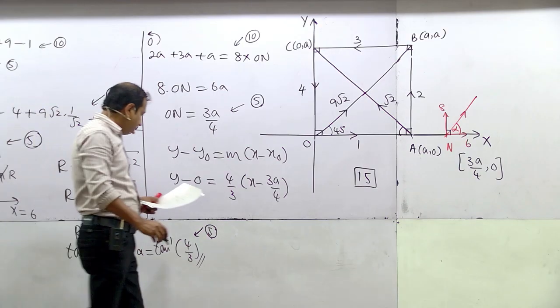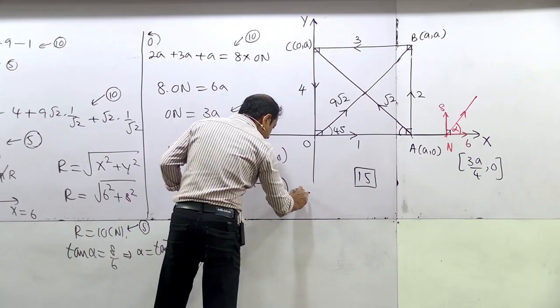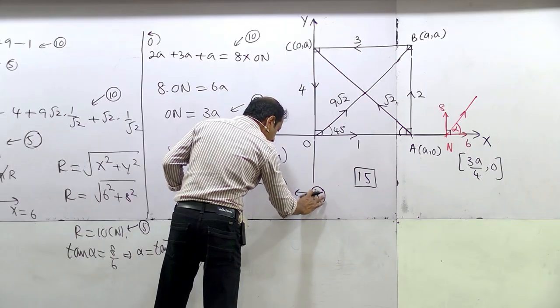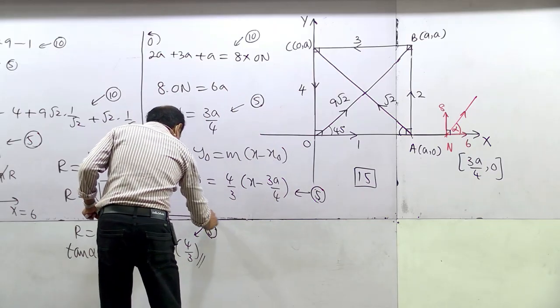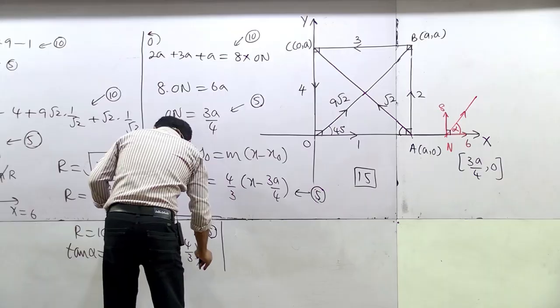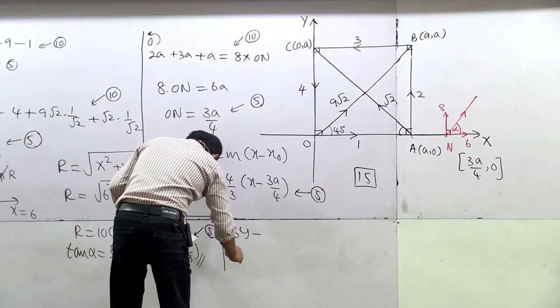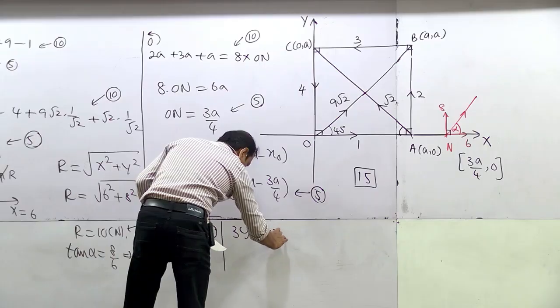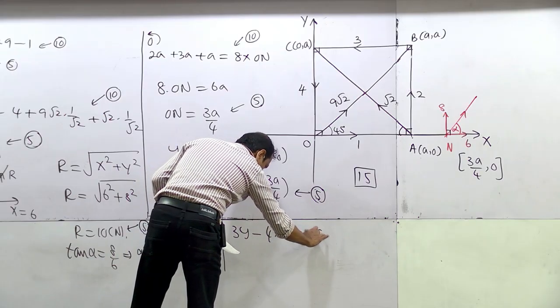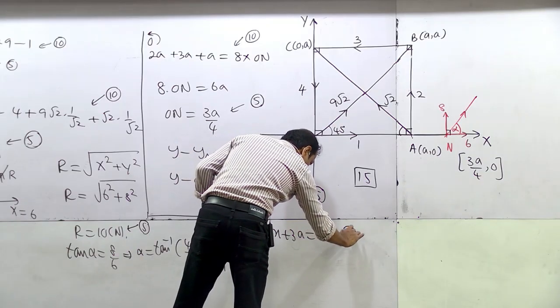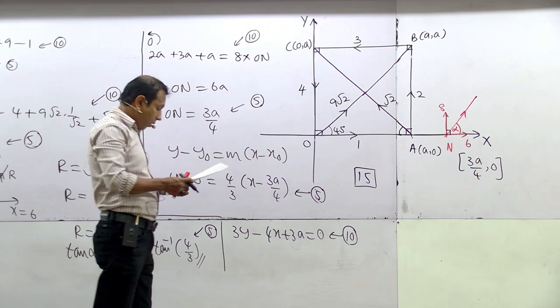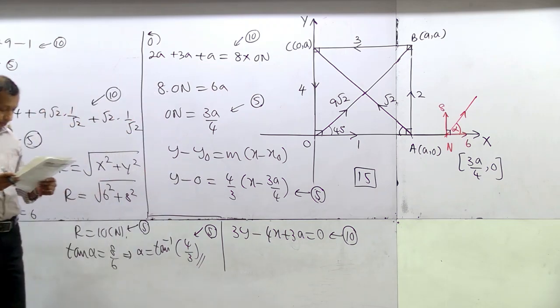Right, for this 5 marks given. And now once you simplify this, you get the required answer: 3y minus 4x plus 3A equals 0 as the equation of the line of action of the resultant. 10 marks.